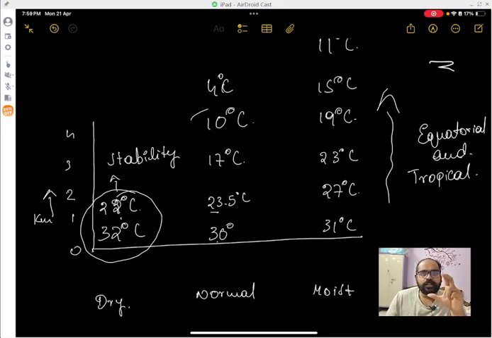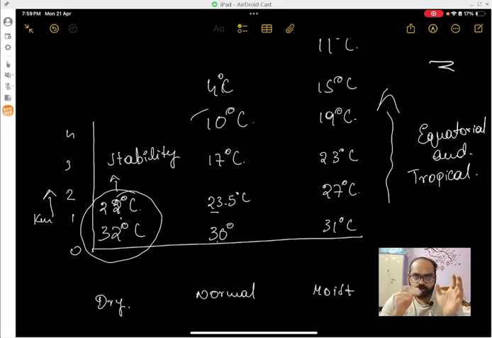Dry air would be in the polar region, and then there is the temperate region, where there will be more rainfall because of air masses. We'll come to it in the next chapter. But the moisture content in the air is reduced from the equator to the poles.